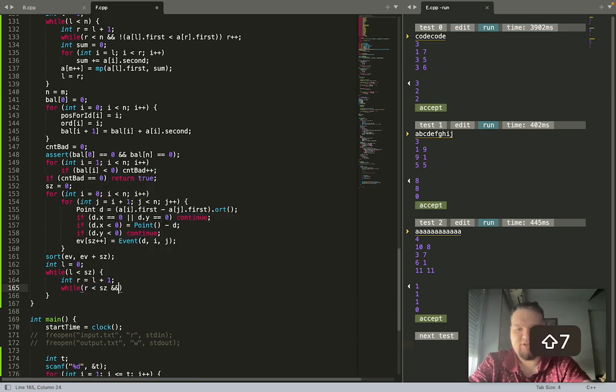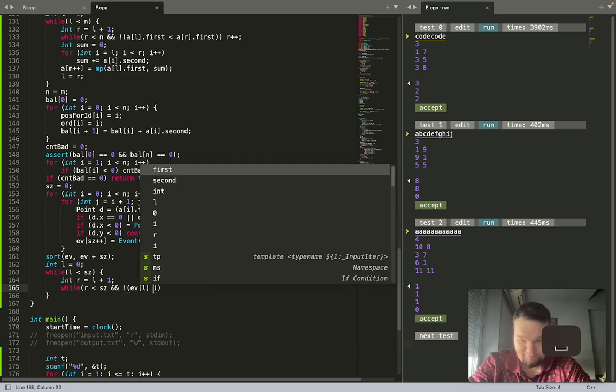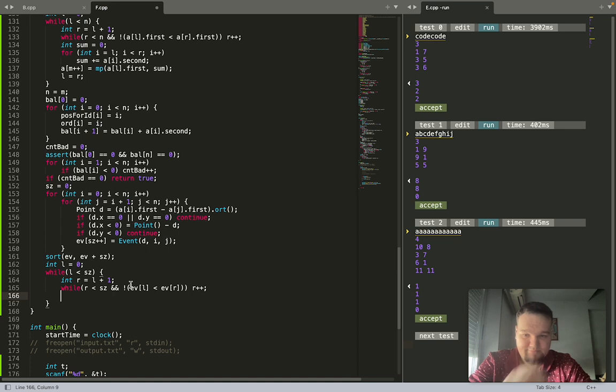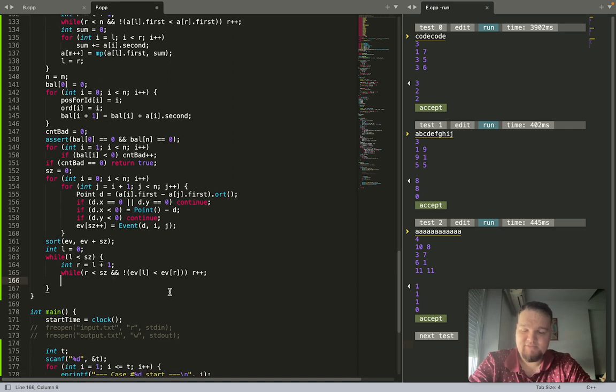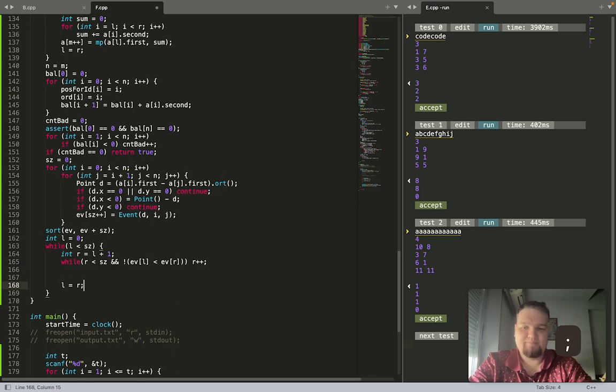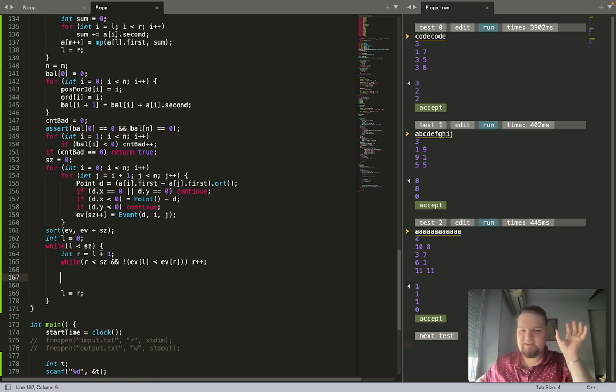So I will now locate the next segment of events that I want to process right now. And we can even put that in another function, but it will be called only here, so it doesn't really matter. So okay, now I want to process the segment of events from L to R.